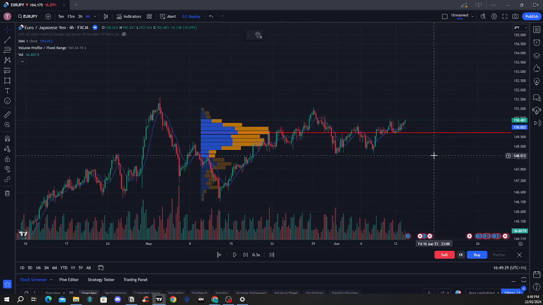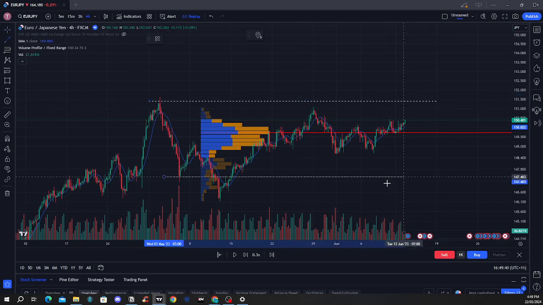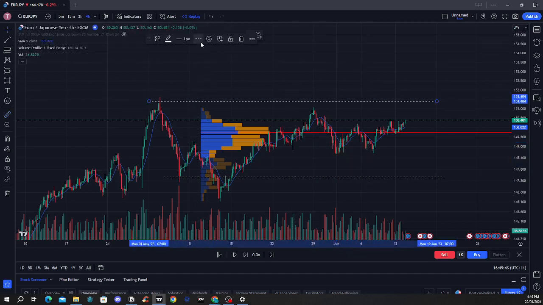Okay, so there are a number of things that we could do here. First is put our resistance line at the top and identify where we are within, I'm going to call that, the greater trading range.